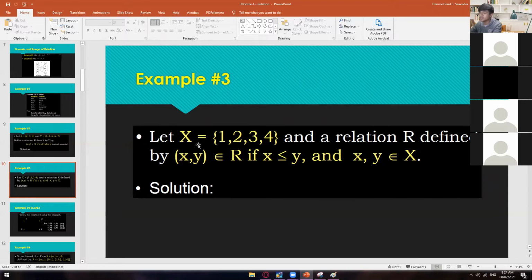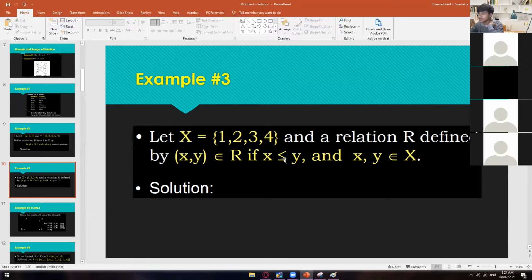As you can see right here, we only have one set, but we have a condition wherein our x coordinate and then y coordinate will be coming from set x. So those two are elements of set x. So it could be 1, 1, 1, 2, 1, 3, 1, 4, and so on and so forth.